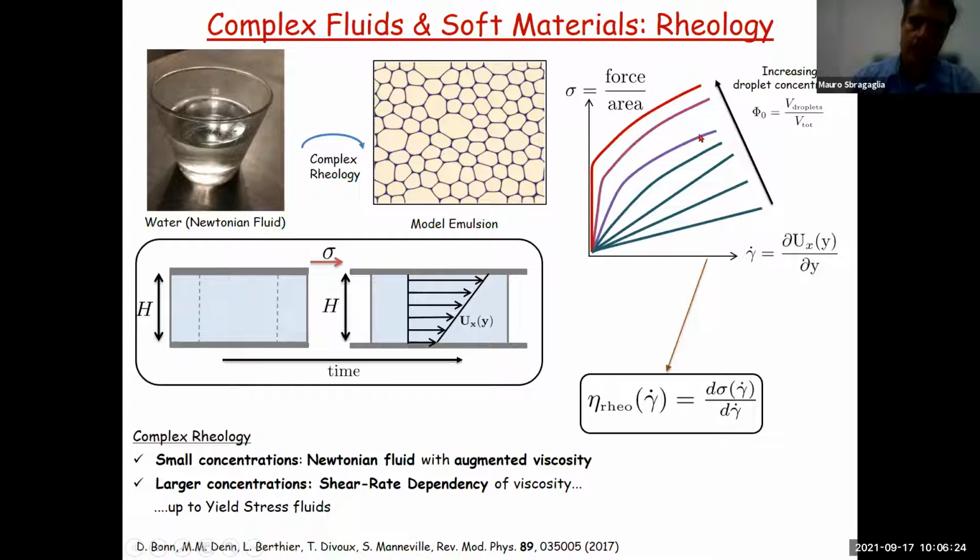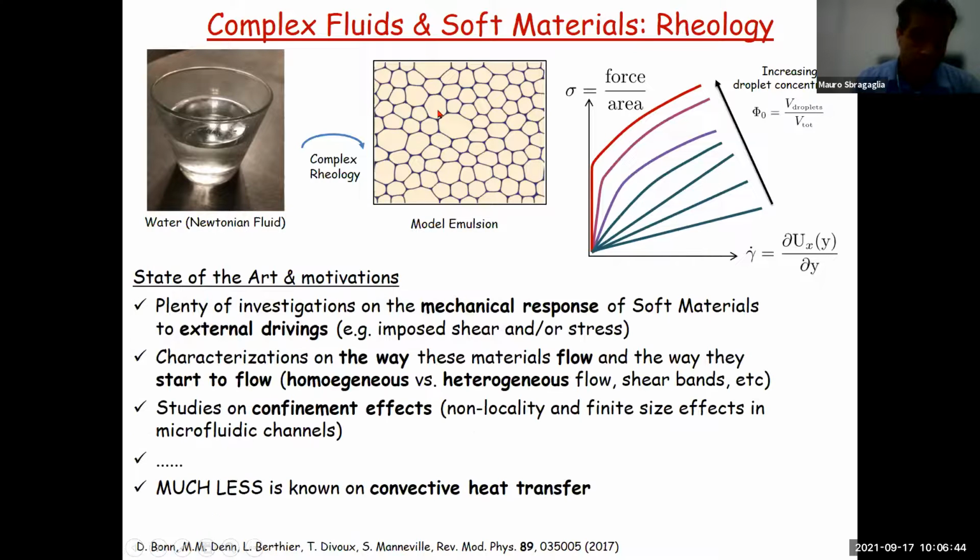At even larger concentration of the droplets, this complex fluid behaves as a yield stress fluid that is displaying a dual nature, mixing together the elastic response of a solid up to some given threshold, above which the fluid flows with a shear thinning character. So that's a really complex landscape. And it has been characterized in the literature in the last 20, 30 years with plenty of investigations related to the characterization of the mechanical response to external drivings, for example, an imposed shear or stress.